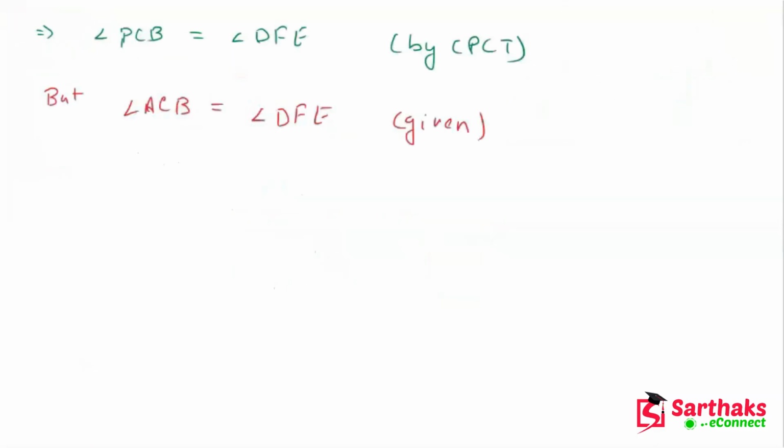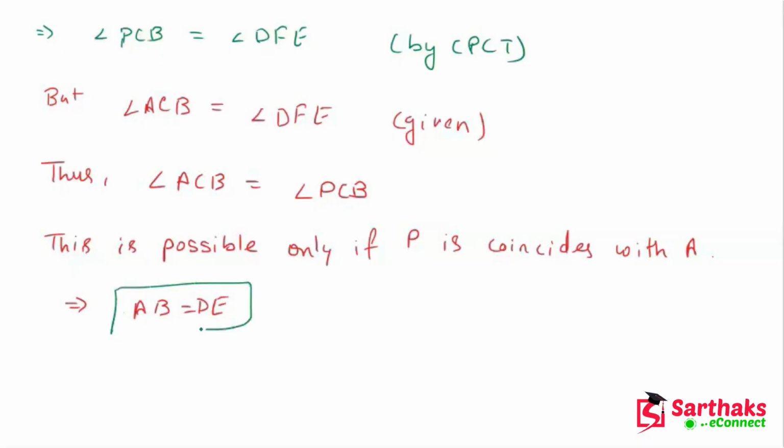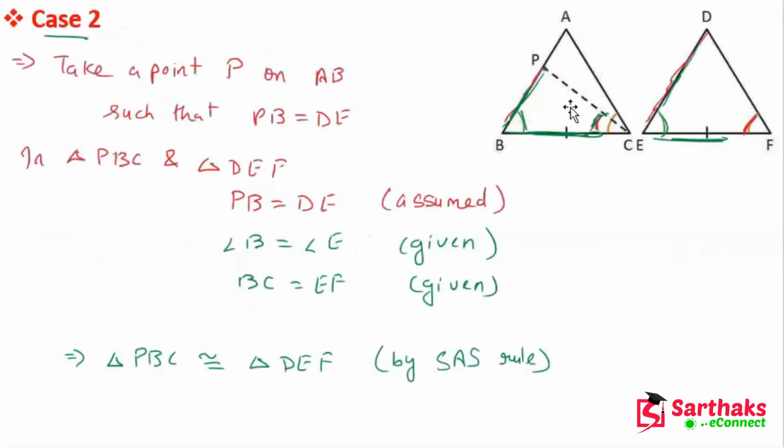Thus angle ACB is equal to angle PCB. This is possible only if P coincides with A. If P coincides with A, then AB is equal to DE.